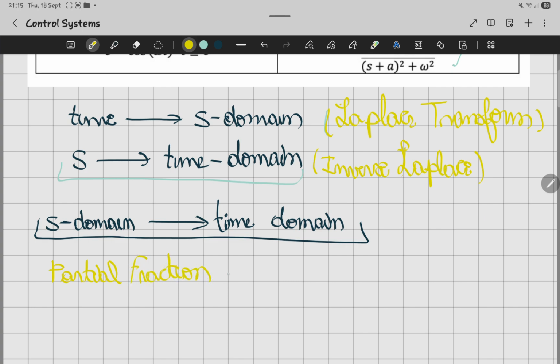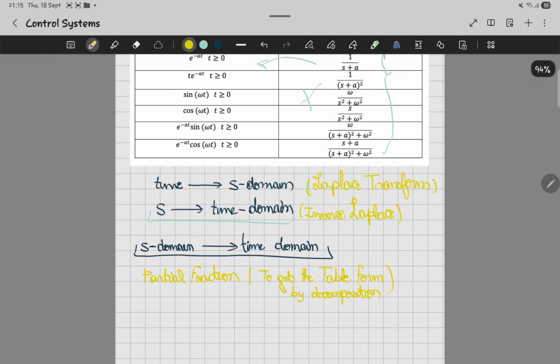We're using partial fraction because if we can't find the form in the table, we get the table form by decomposition. So this is what we're going to do. You'll see one example of how we move from S to time domain.